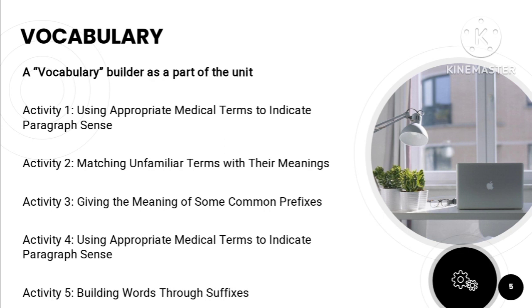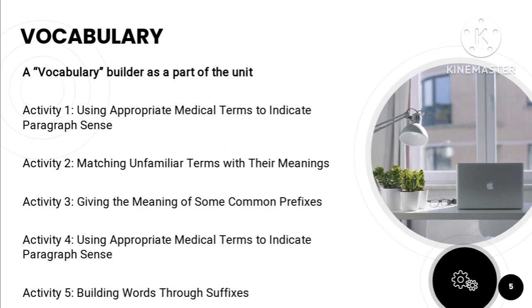They really emphasize the vocabulary here, like building words through suffixes. So we will let the students analyze vocabularies or provide meanings, and let them understand what this specific vocabulary means.